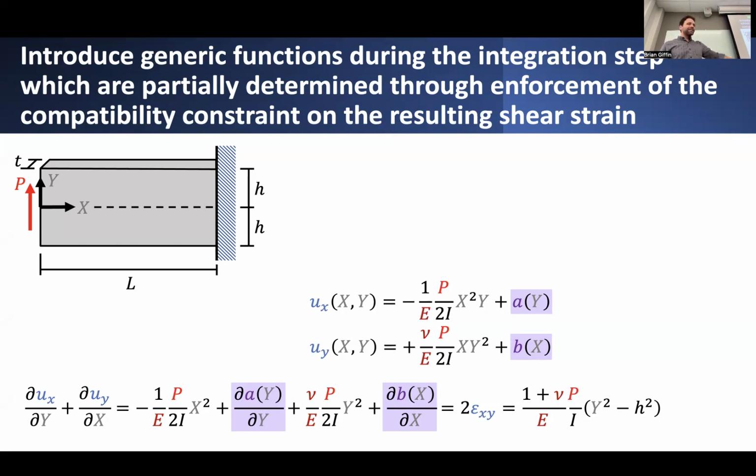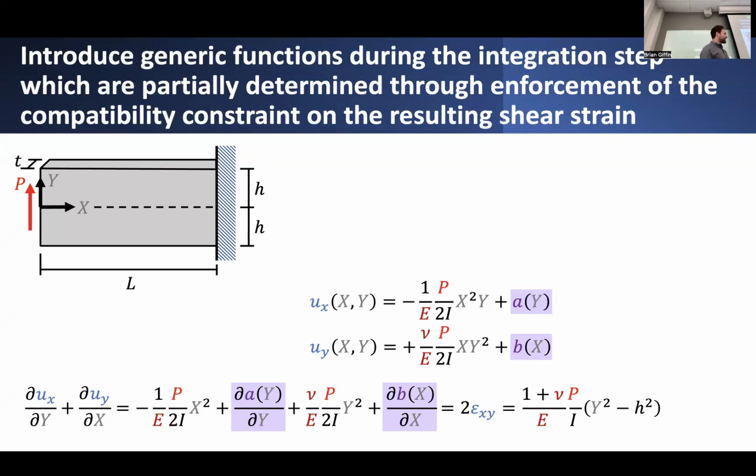Now, take a moment to look at this expression and verify for yourself that if I have some function, let's say A, that depends only on y, there are some terms on the left and right-hand side of this expression that involve, let's say, x squared, y squared, and then there's a constant term, an h squared over there.